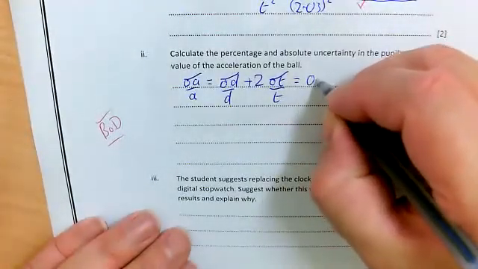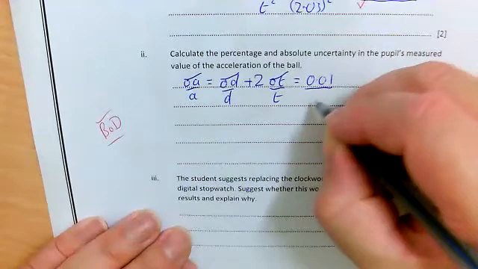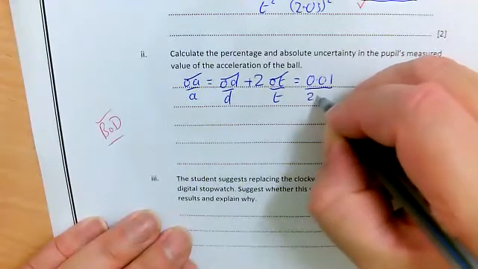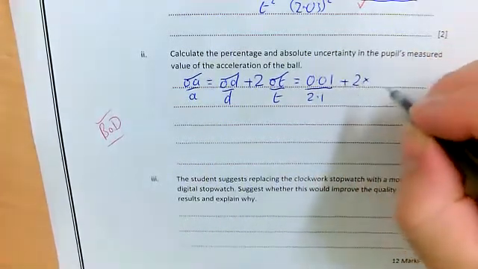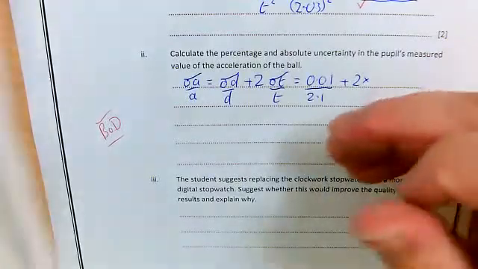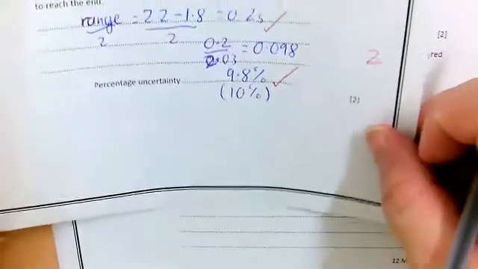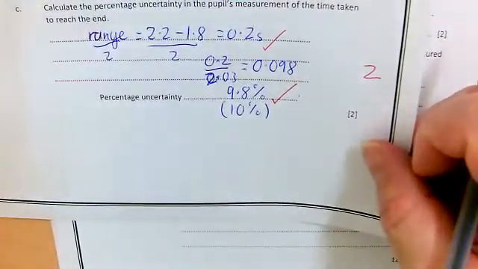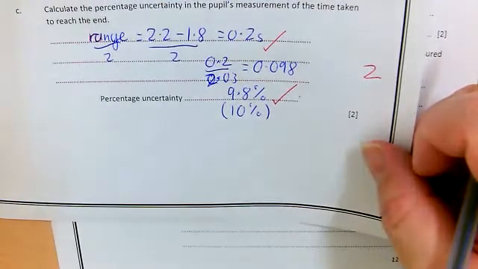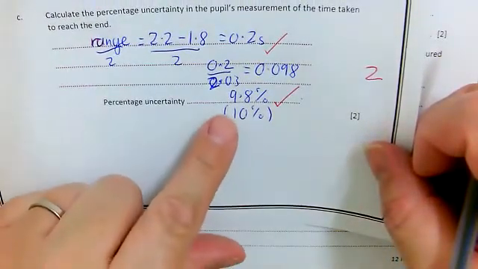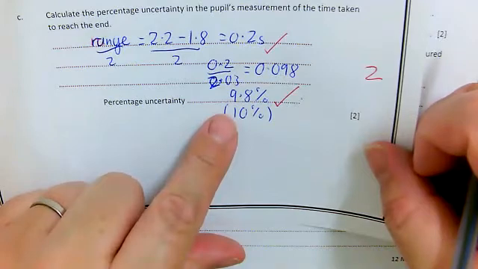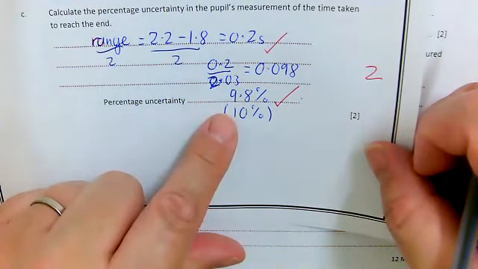So that's going to be 0.01 divided by the length, which is 2.1, plus 2 times the percentage uncertainty. And you know that if you use that value, even if it's incorrect, you will get your error carried forward marks.